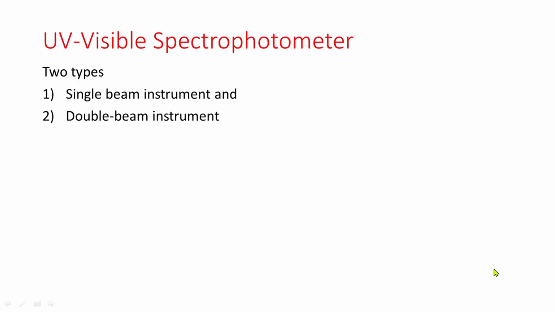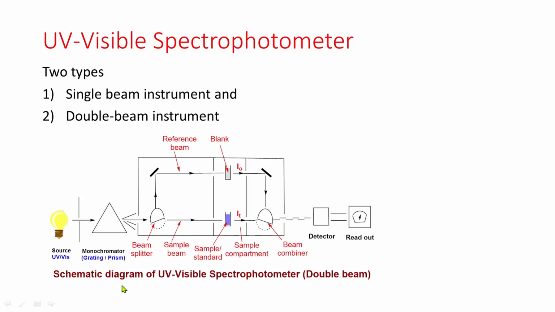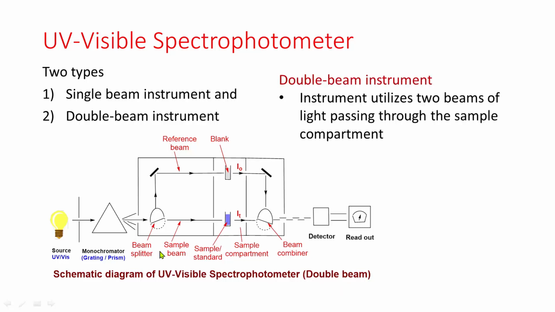UV visible spectrophotometers are of two types: single beam instruments and double beam instruments. This diagram is of a UV visible spectrophotometer, double beam.